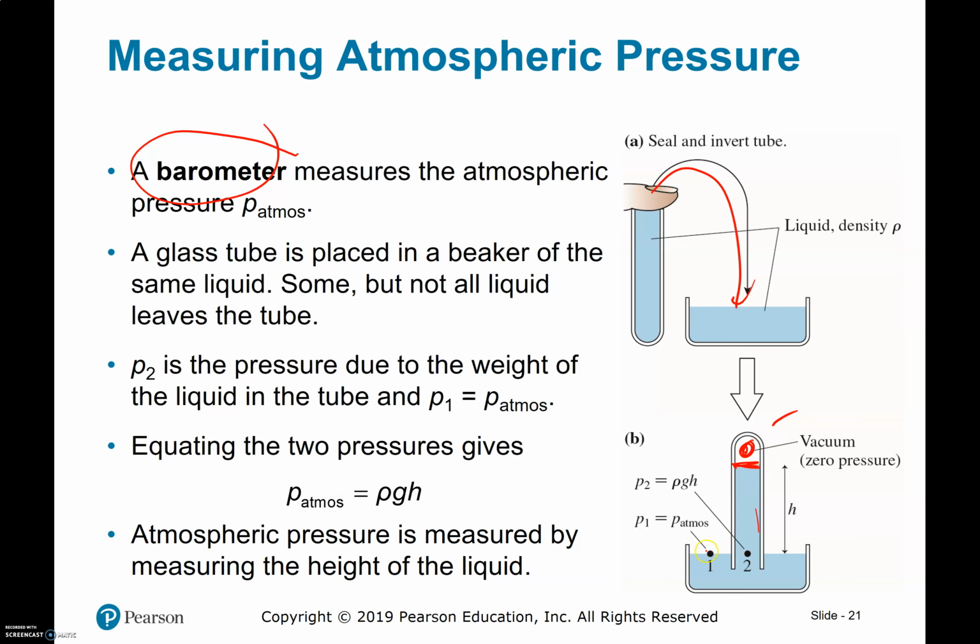And also the pressure here is the same because this is a horizontal line, right? So basically, if you find the pressure at 2, you find the pressure at 1, and this is your atmospheric pressure. And that pressure at 2 is the pressure here, which is 0, plus rho g h. So all you need to do is measure this h, and then you can find the atmospheric pressure, and this is how a barometer works.